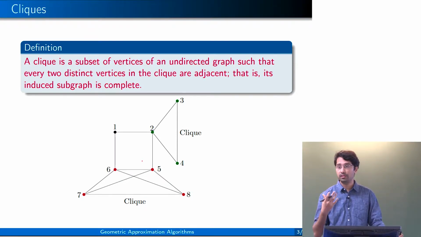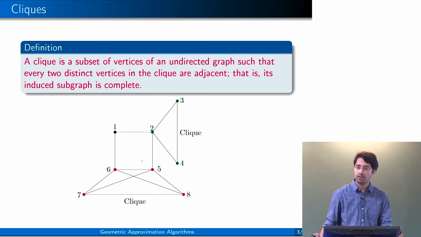But unit disk graphs, or UDGs, are a special kind of graph class. Our objective is to find whether it is possible to find a maximum clique in a unit disk graph in polynomial time or not.